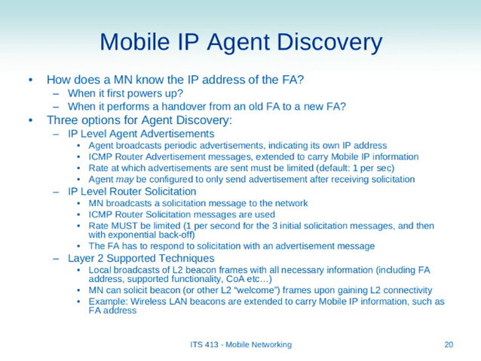How does a mobile node know the IP address of the foreign agent? When it first powers up, that is, I turn on my laptop, I'm in some foreign network. How do I know the IP address of the foreign agent? That's one question. Or when I perform a handover.